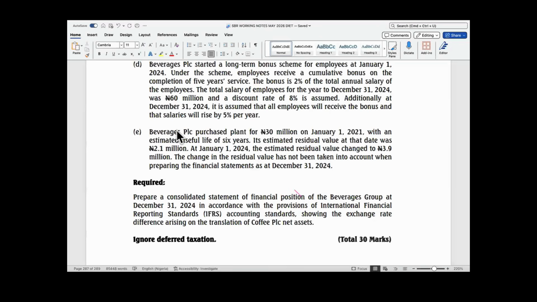So the last additional information says Beverages PLC purchased plant for 30 million on January 1st, 2021, with an estimated useful life of 6 years. Its estimated residual value at that date was 2.1 million.